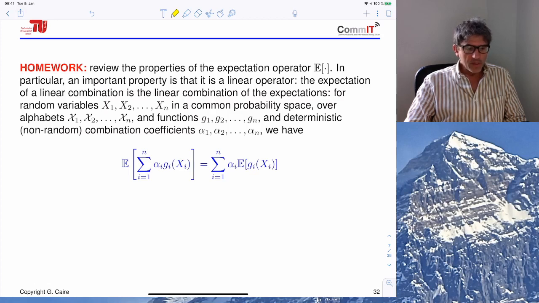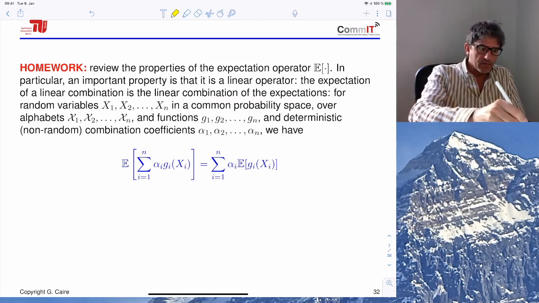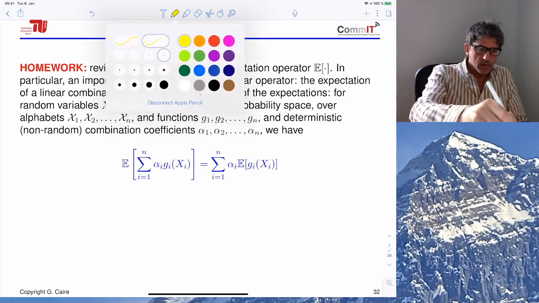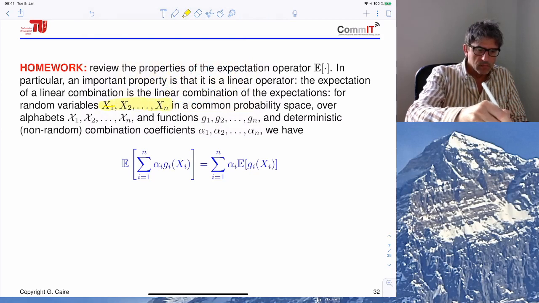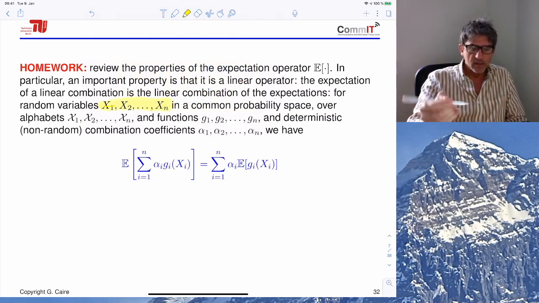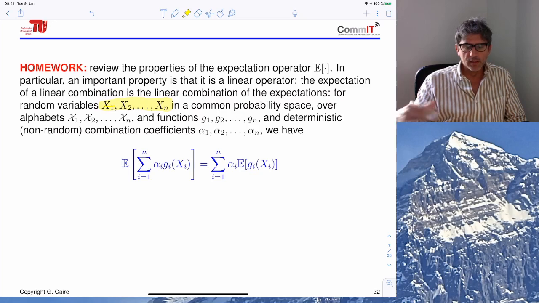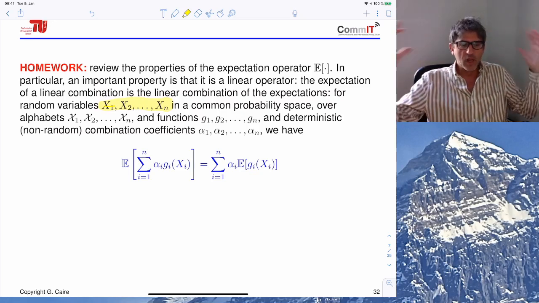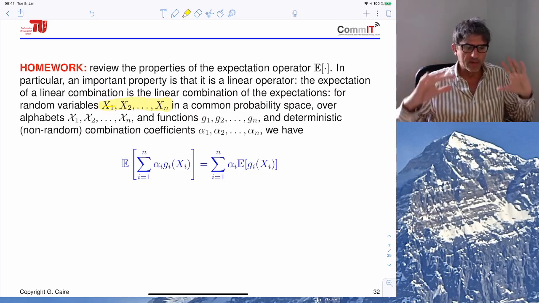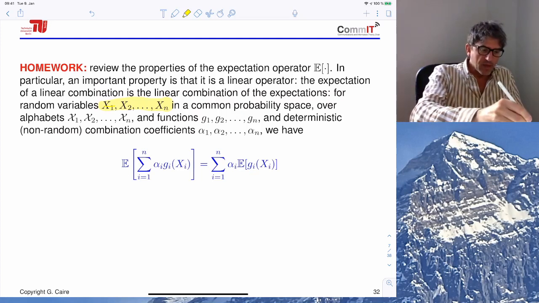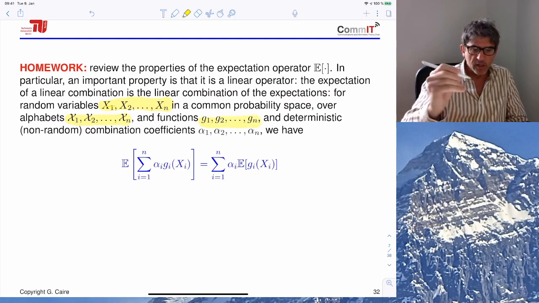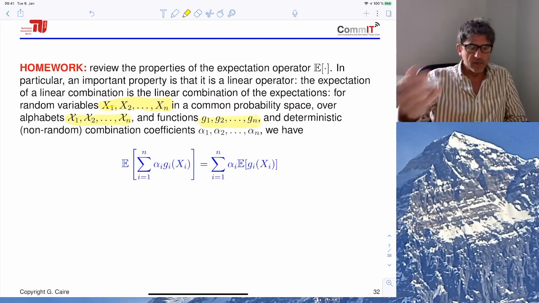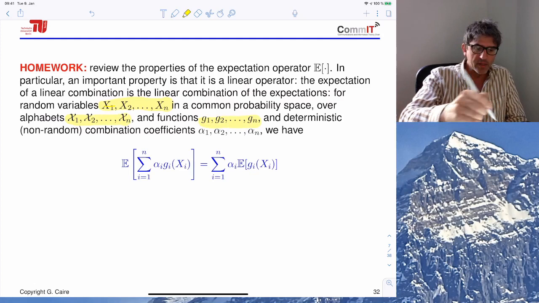A linear operator means that if we have a collection of random variables x1, x2, ..., xn, defined on a common probability space so that they are well defined, and they take values in their own alphabets, and we have a collection of functions that map these random variables into real numbers, and then we take a linear combination.